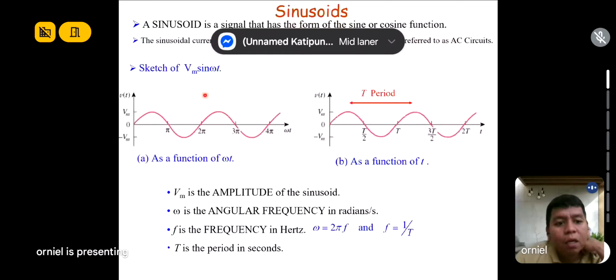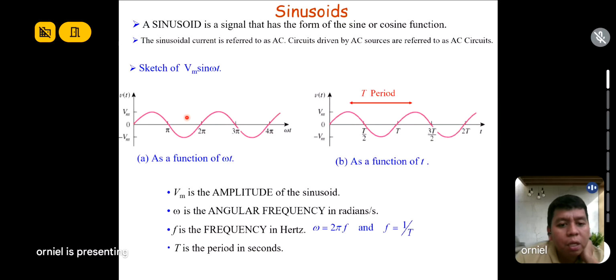Normally this one is with respect to its radian mode, as the angular velocity, and also with respect to a period. The difference is either the sine or cosine function.